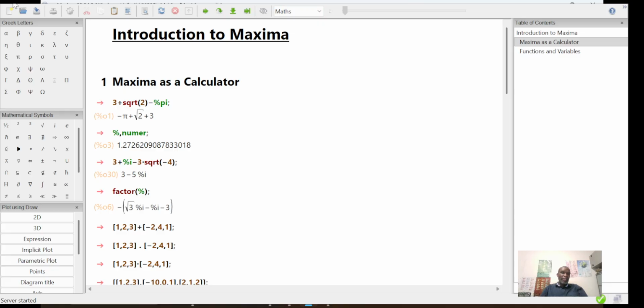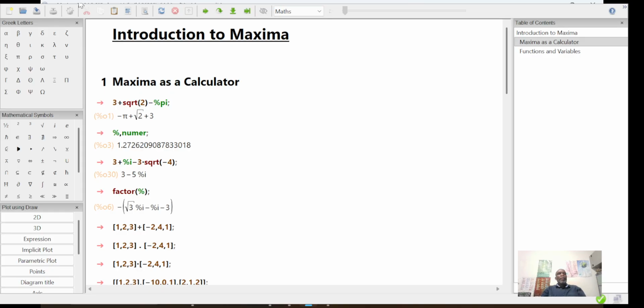So we have a few things about the system, how you open files and so forth. And then you can edit. With your edit, you can do a few things, copy, paste, and so forth. Then you can set how you view it, whether you want it to be scaled, whether you want it to be small, how you display your equations, how you display matrices, and so forth, whether you zoom.